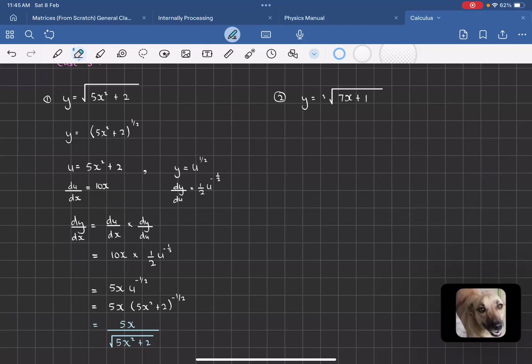That's cube root, huh? Yeah, that's cube root. So cube root means what power then? A third. Yes.